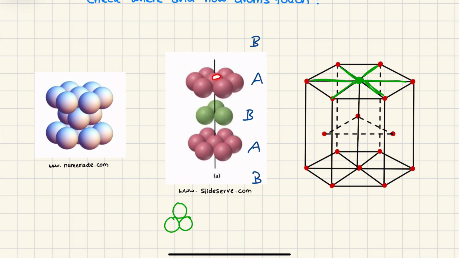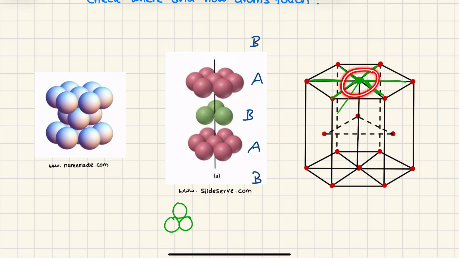So this central atom touches not only the 6 neighbors in its own layer, but also the 3 atoms in the layer below. And since the structure extends in all 3 dimensions, it also touches the 3 atoms from the B layer above.